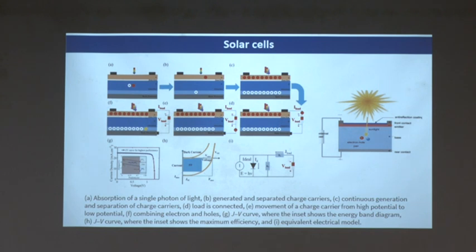Photons create electron and hole, and these are collected in a system, resulting in producing electricity. It is not complicated, but as we told, we should think about the top of the solar cell.